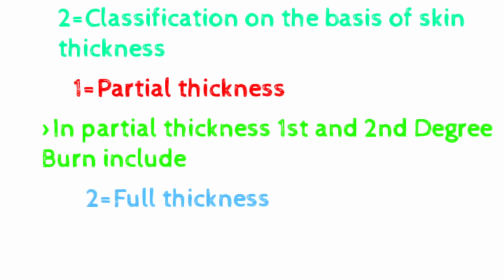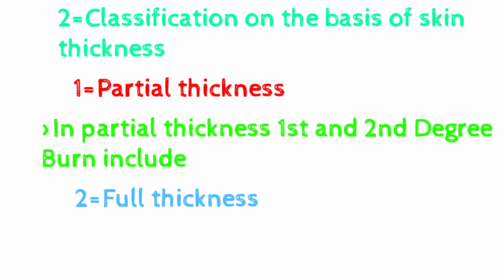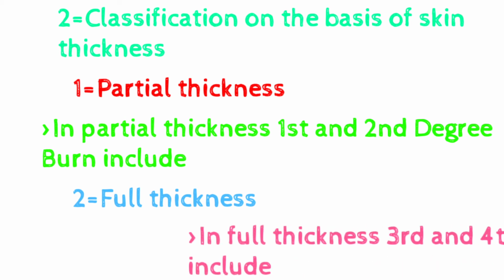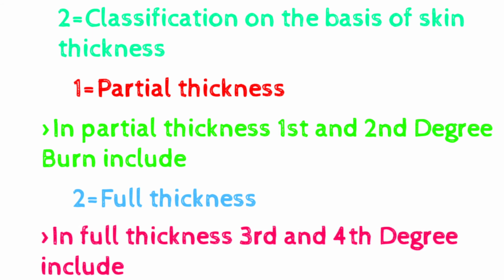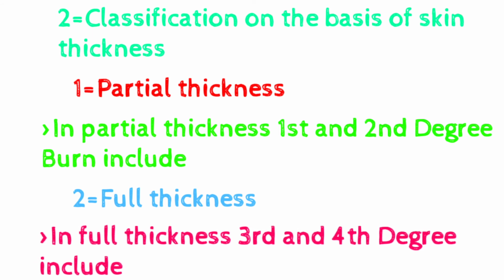In partial thickness, first and second degree burns are included, and in full thickness, the third and fourth degree burns are included. If the examiner says classify burn on the basis of skin thickness, we will classify it as partial thickness and full thickness. If the examiner asks in which thickness first and second degree burns are included, partial or full, our answer will be partial thickness. Third and fourth degree will be included in full thickness.